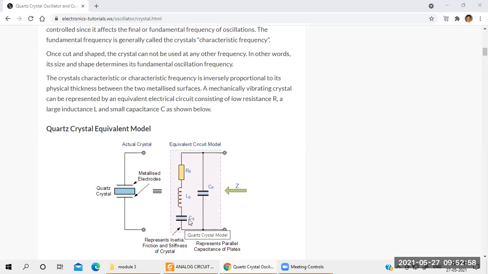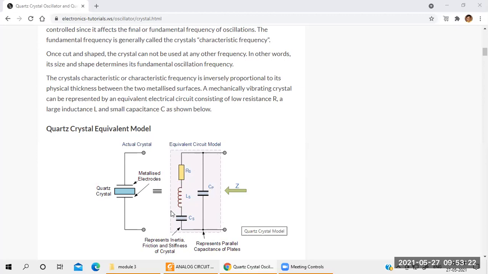So they have taken 2 terminals for the equivalent circuit here. One from the resistance and one more from the capacitor. Understood? So these 3 elements, what do they represent here?